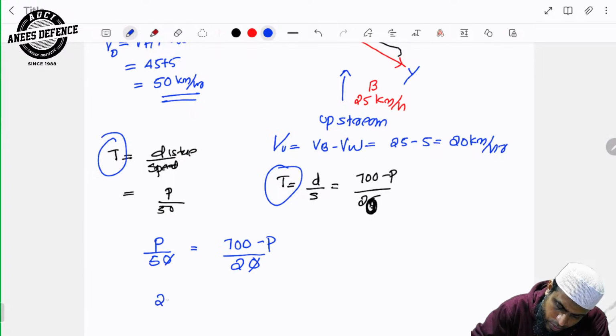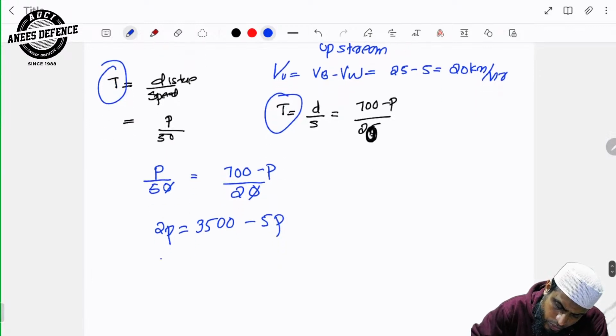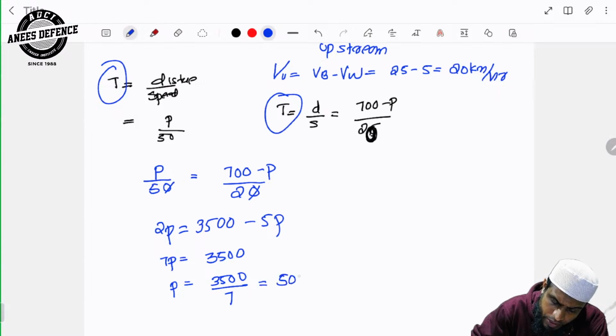So cross multiplication, 2P equals 5 into 700 minus 5P. So 7P equals 3500, P equals 3500 divided by 7, so 500.